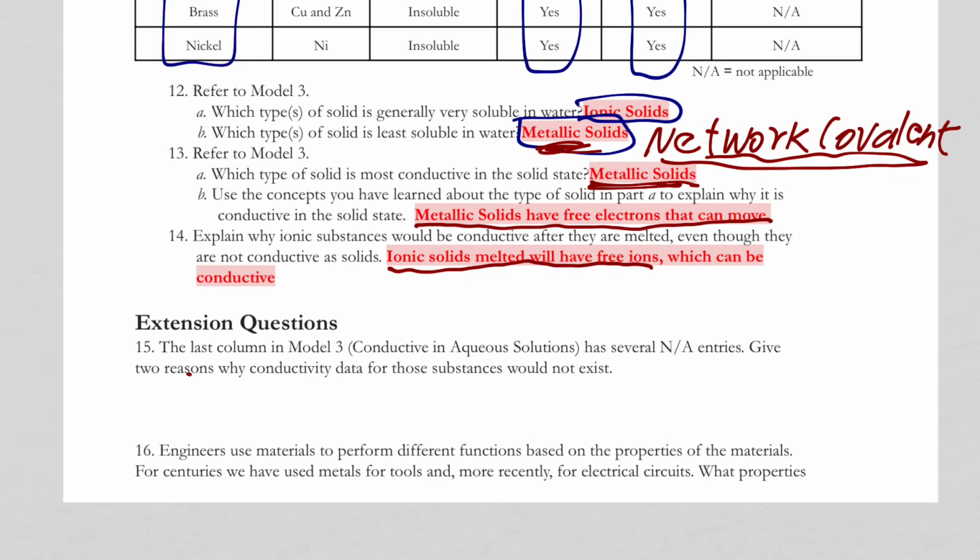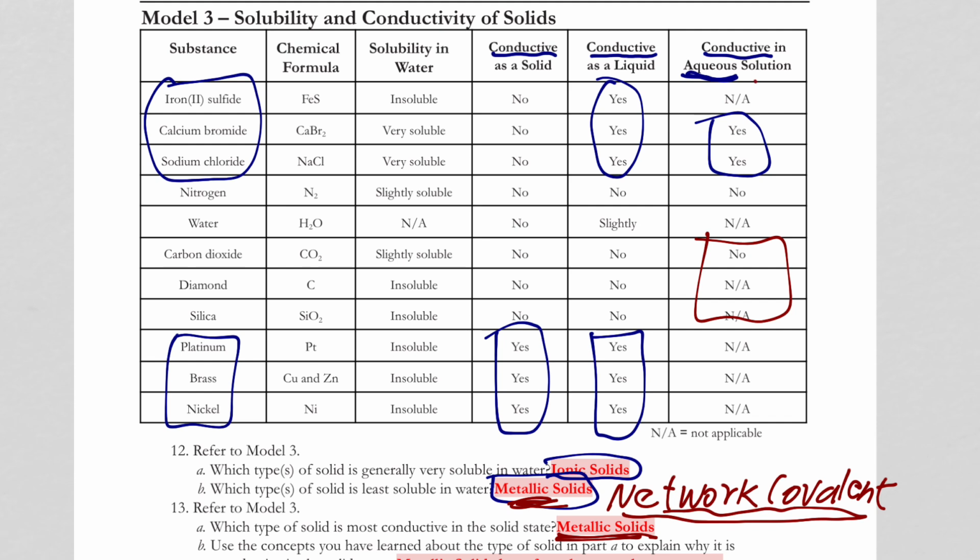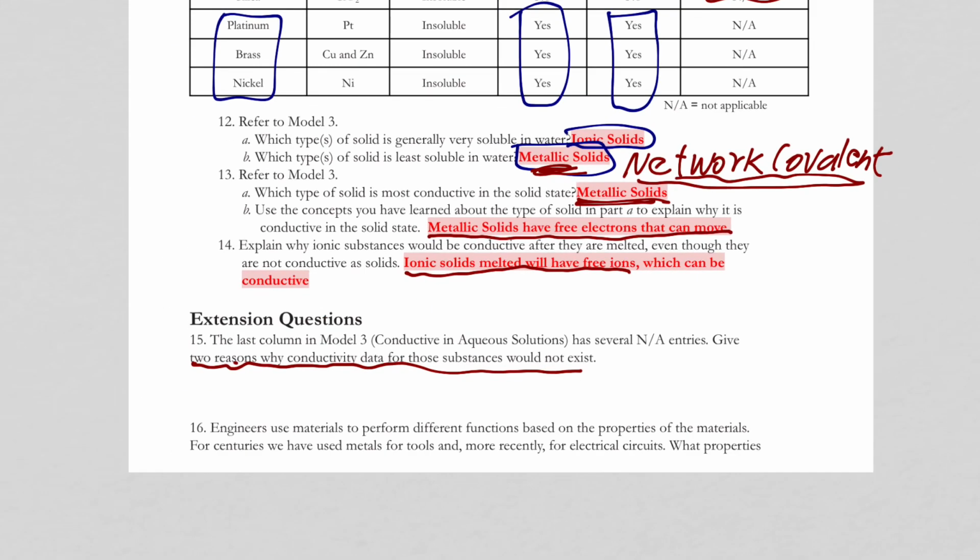So why would conductivity not exist for some of these on the data charts? For example, iron sulfide, if it doesn't dissolve, then it cannot be tested to see whether or not it is conductive as an aqueous solution. The reason is they could not be dissolved.